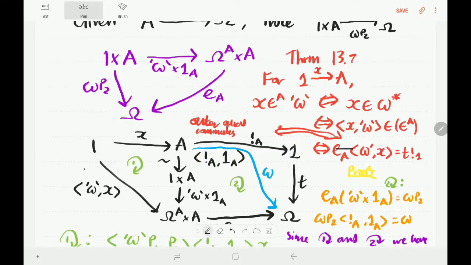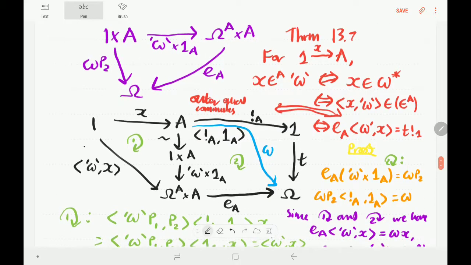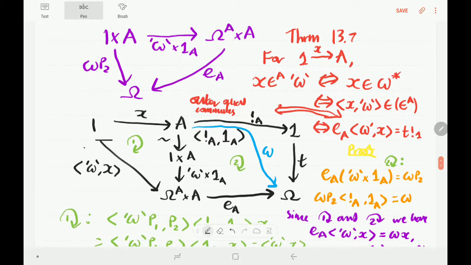Anyway, that statement there at the bottom is equivalent to saying that the outer perimeter of this diagram commutes, because T after exclamation mark A after x is just T. All right.